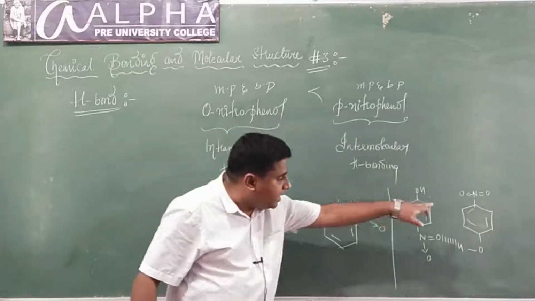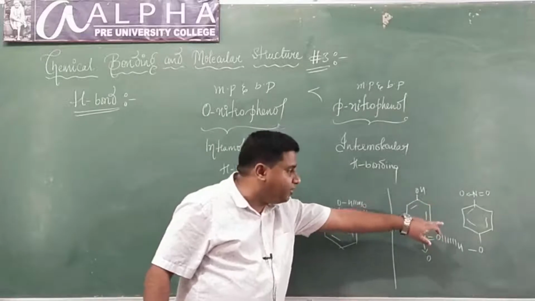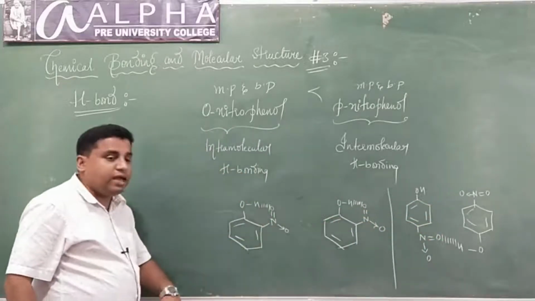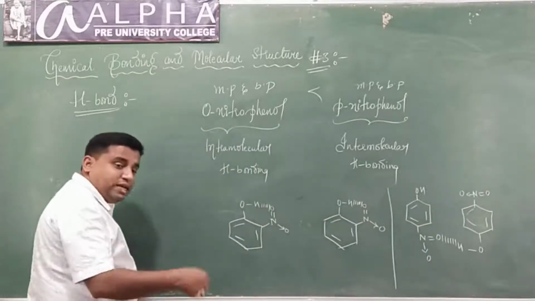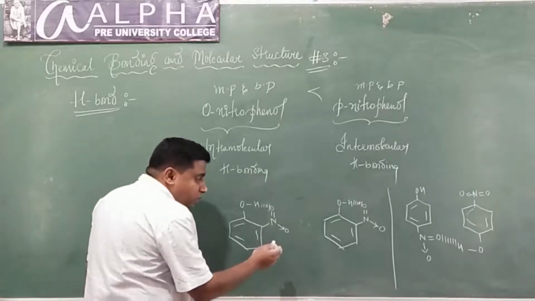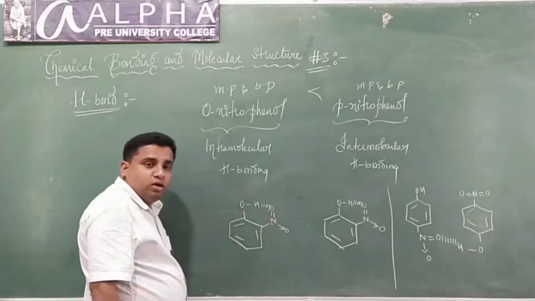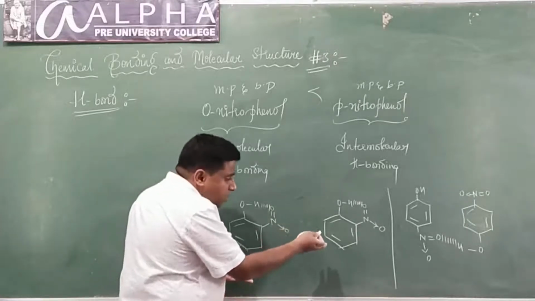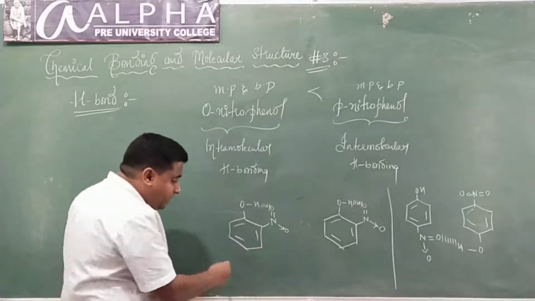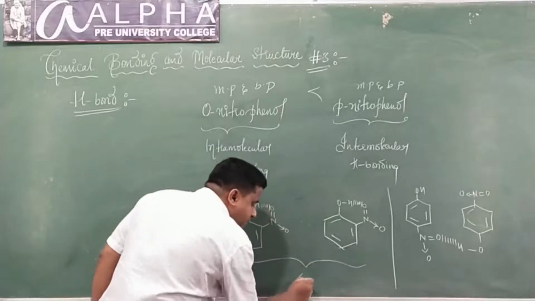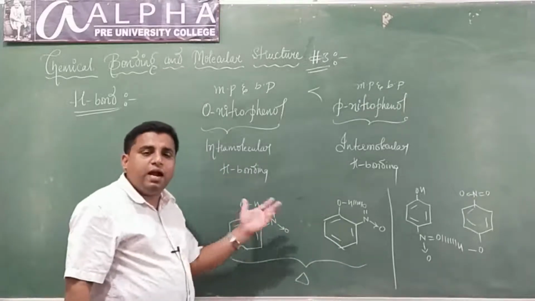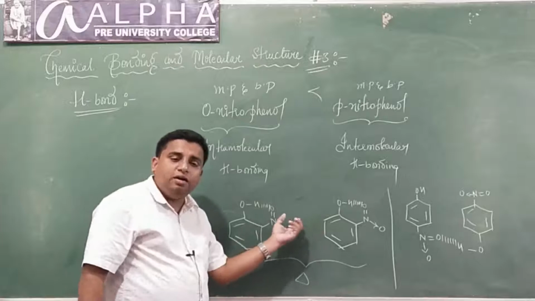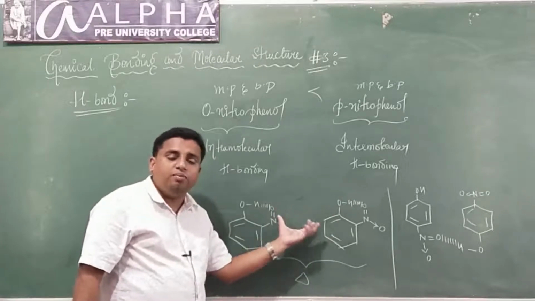That is intermolecular hydrogen bonding. This is intramolecular hydrogen bonding. So that is what I meant to say. If I have to melt orthonitrophenol, the compound will easily melt. If I supply minimum energy, the compound will melt because the two molecules are not held by any bond.